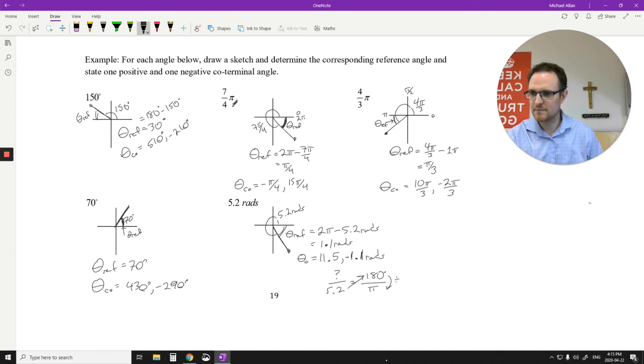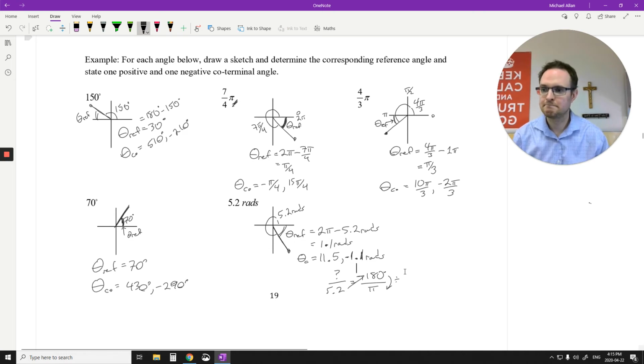I'll put down rads here. And remember, if you don't put the rads, I assume it to be rads. If there's a pi in it, like those 4 pi over 3 and the 7 pi over 4, then those are rads. You never have pi in degrees.